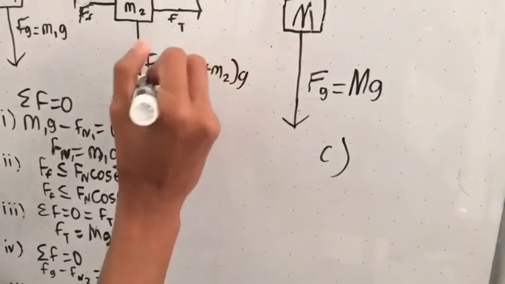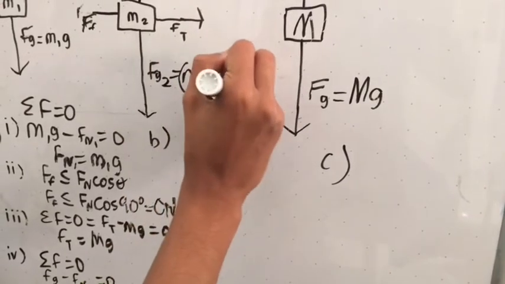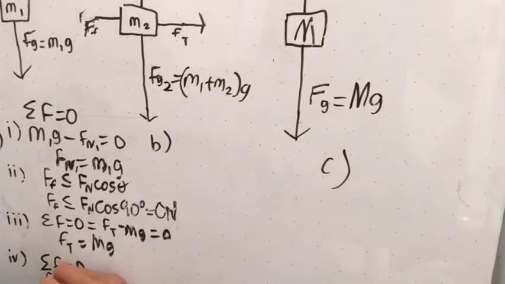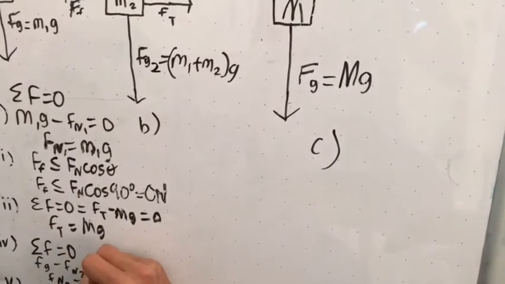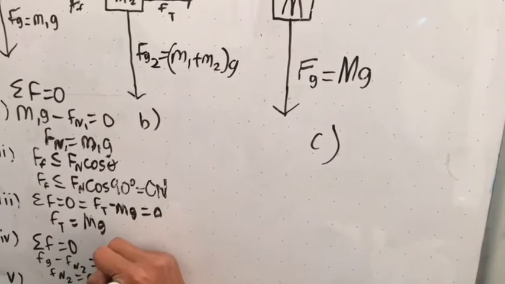So as mentioned before, Fg2 is equal to m1 plus m2 times g. So thus, Fn2 must equal m1 plus m2 times g also.